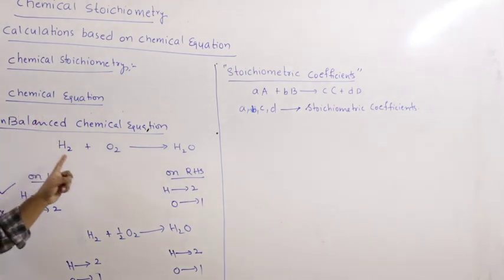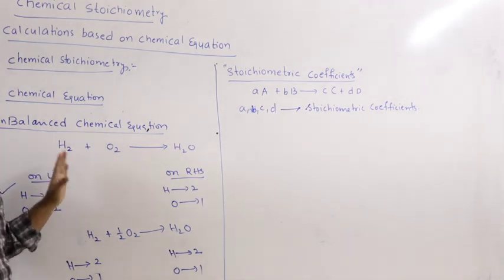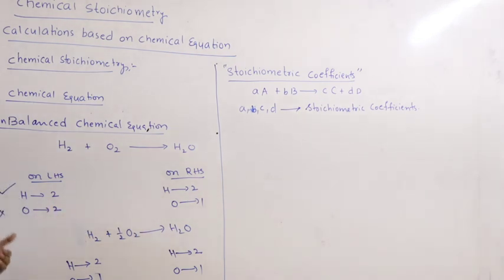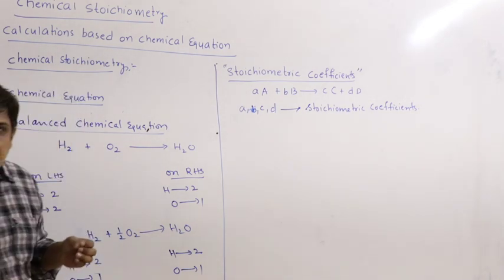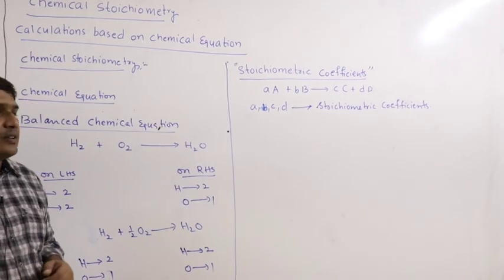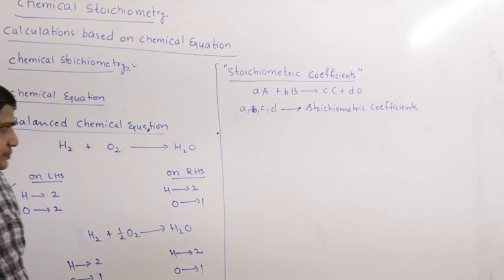If the number of atoms on left hand side and right hand side, that means reactant and product side, are the same for all constituent atoms, then we call it a balanced chemical equation. If they are not the same, then we call it an unbalanced chemical equation. The numbers present before atoms or molecules in a balanced chemical equation, we call them stoichiometric coefficients.